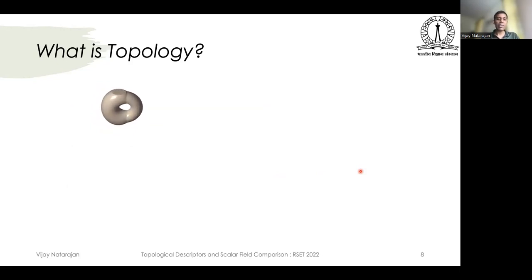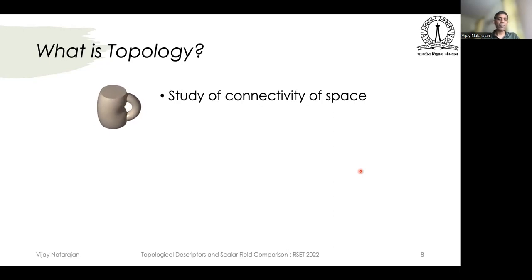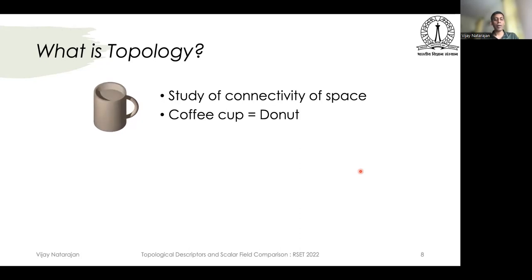So topology is the study of connectivity of space. So I'm essentially introducing topology for those who may not be aware of this. This is a branch of mathematics where one is interested in how a particular space is connected, and we often use this example from popular literature, where we say that a topologist is one who does not distinguish between a coffee cup and a donut.